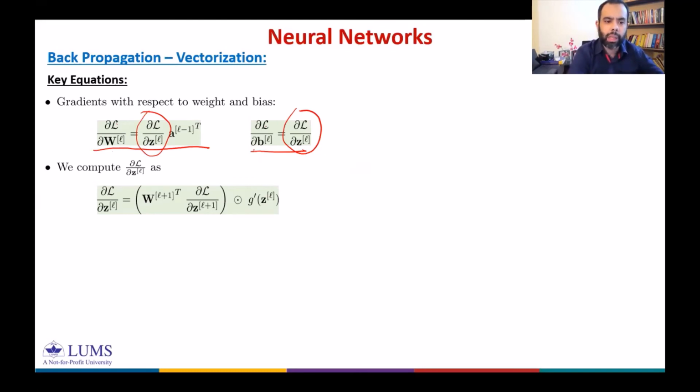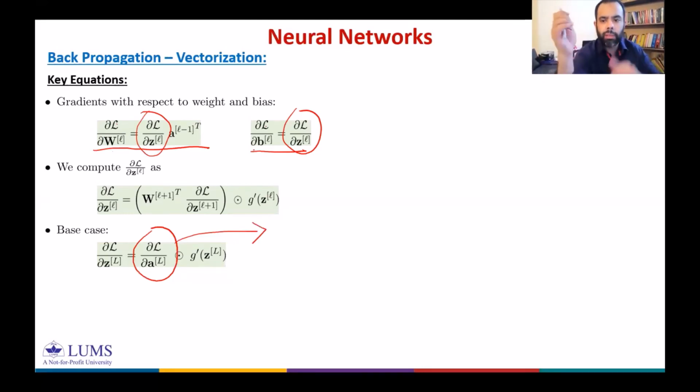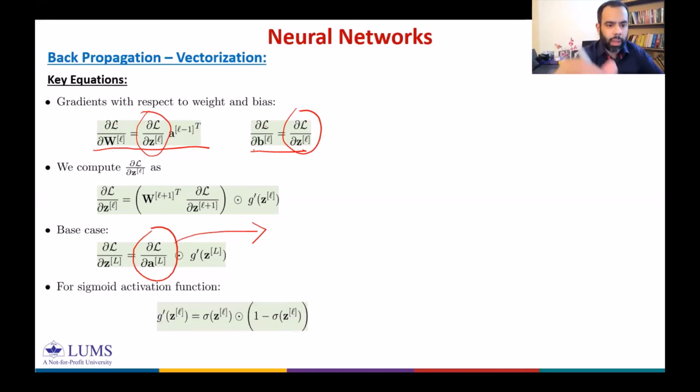The base case for the final layer is the derivative of the loss function with respect to the output of the final layer. We also have the equation for the regression case, when we use squared loss, and for the classification case, when we use log loss. For the sigmoid activation function, we know that g' is simply sigmoid times 1 minus sigmoid, element-wise.